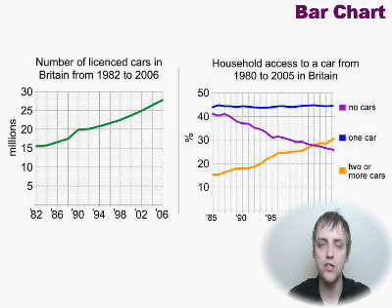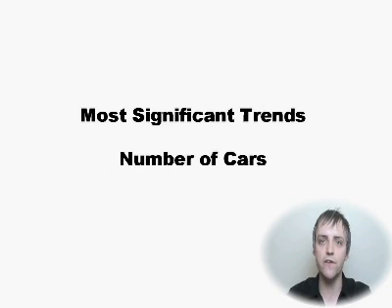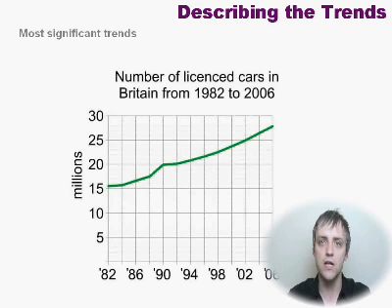So what about these trends? How are these trends changing? Okay, so let's describe the trends. First of all, the most significant trends for the number of licensed cars in the UK. Okay, so we'll take the first graph individually. Okay, so here we can see that the number of cars is starting at this point, which is just over 15 million cars, okay, in 1982.